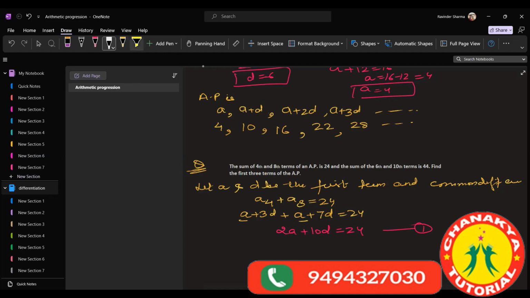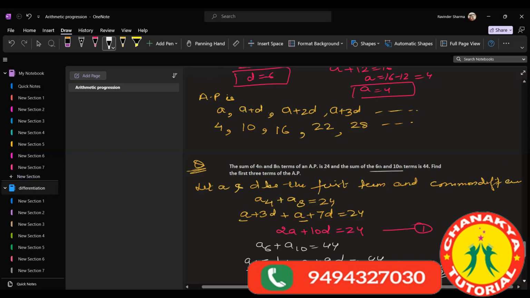Now, second is the 6th and 10th term. So the 6th and 10th term sum is 44. Now again, the 6th term you can write as A plus 5D and the 10th term as A plus 9D is equal to 44. Now A plus A, 2A, 9 plus 5, 14D is equal to 44.